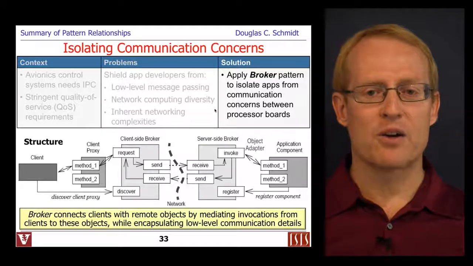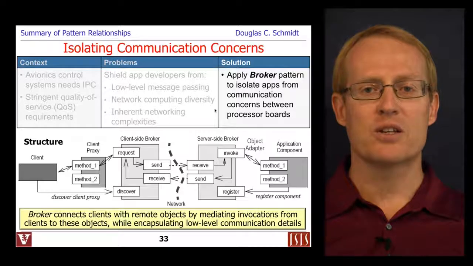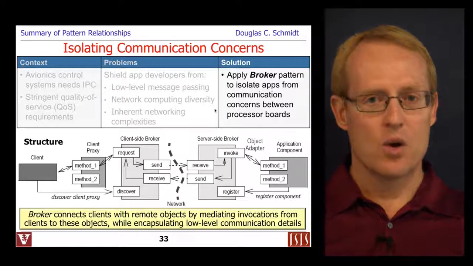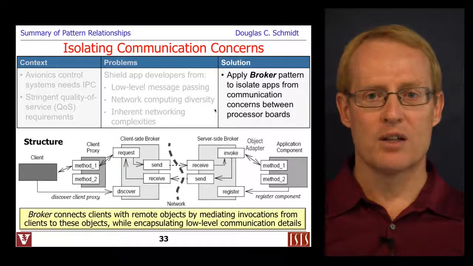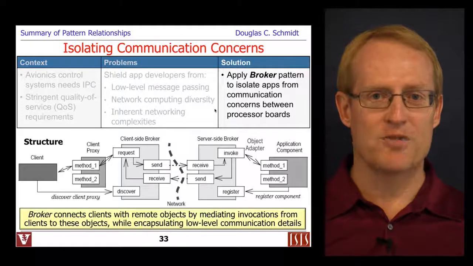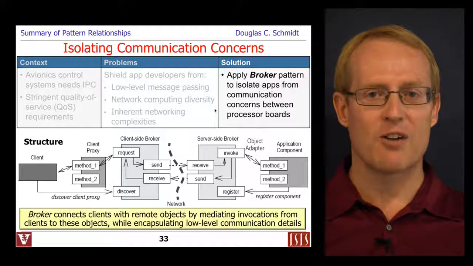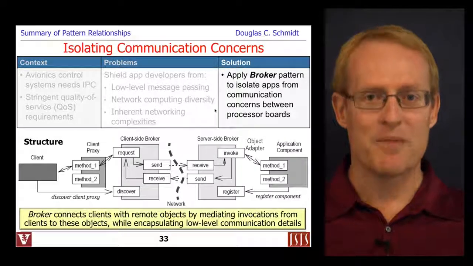The broker pattern connects clients with remote objects by mediating invocations from the clients to these objects while encapsulating all the low-level communication concerns: the connection management, data transfer, memory management, concurrency, synchronization, fault tolerance, demultiplexing, you name it.